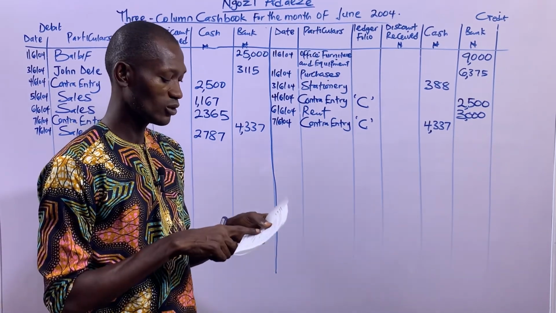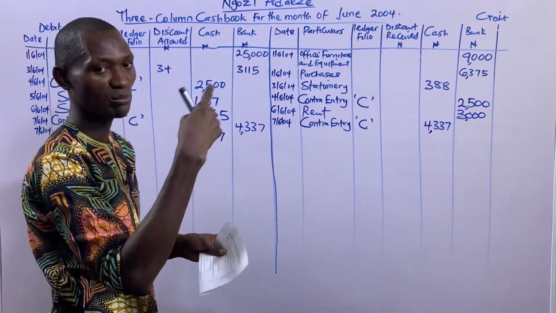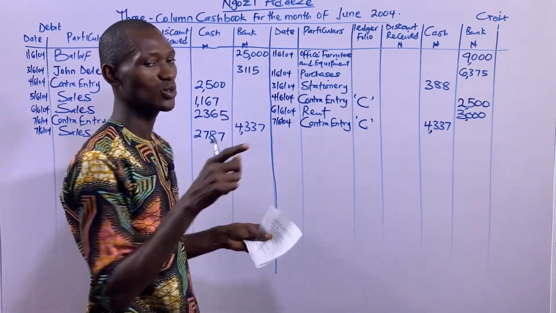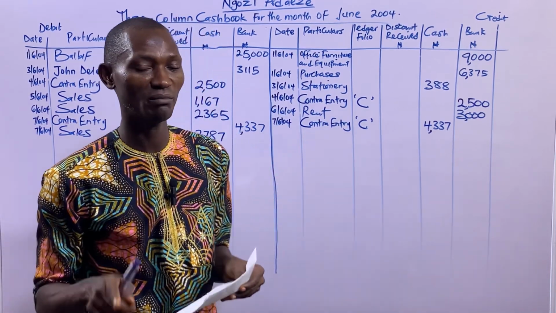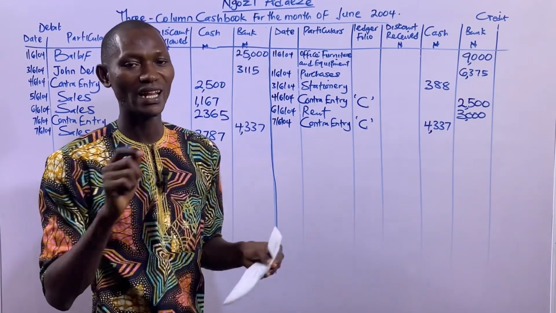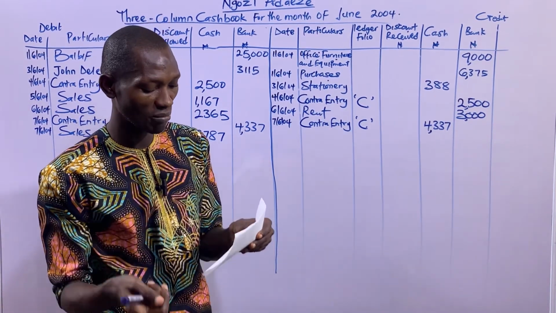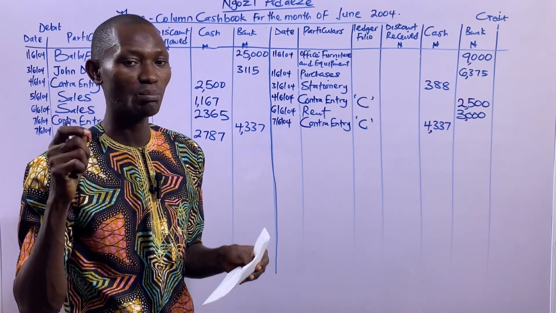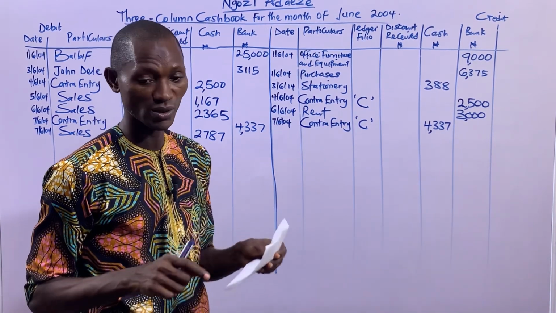So Ngozi issued a check. That means Ngozi paid Bumi Eyankori. Ordinarily, Ngozi ought to have paid Bumi Eyankori 1,625, but because she received a discount, which we are going to calculate now, that's why she's paying 1,575.